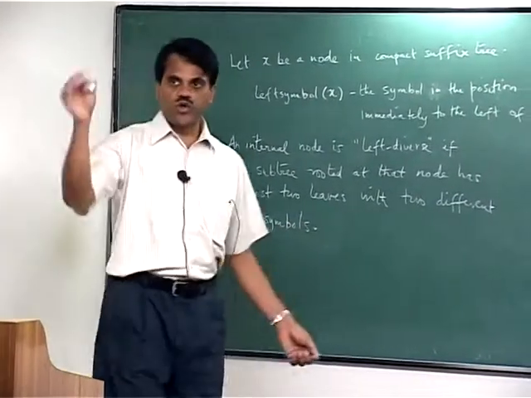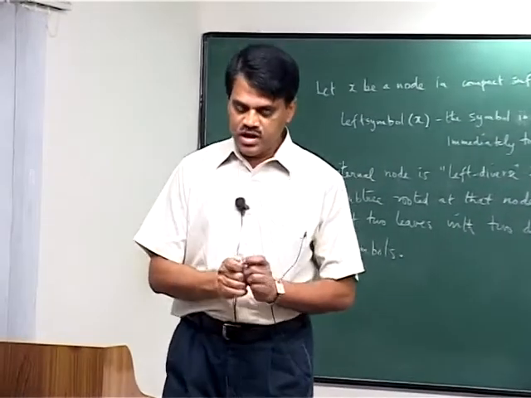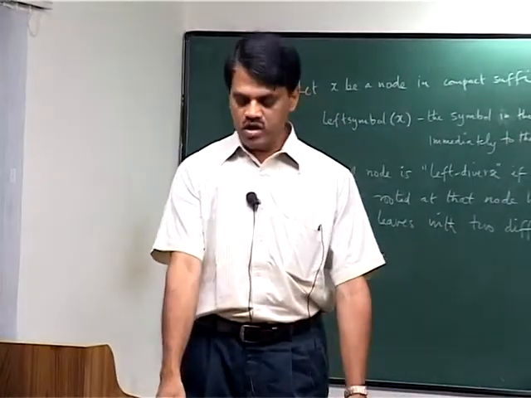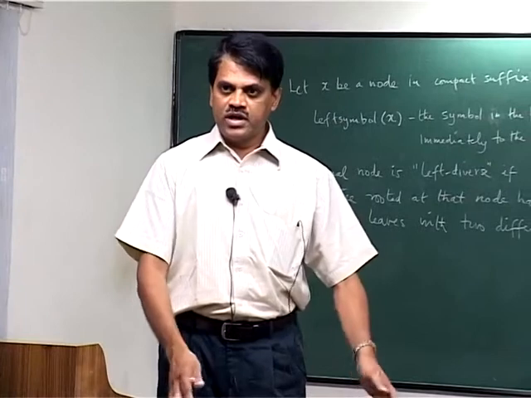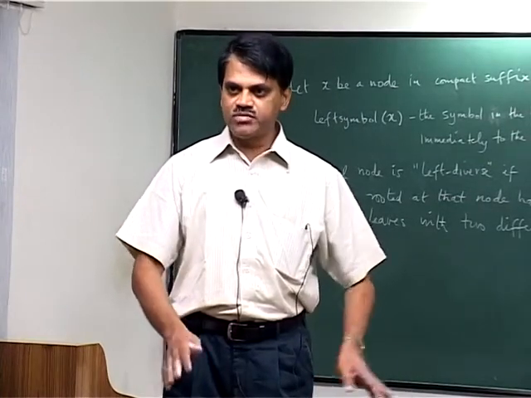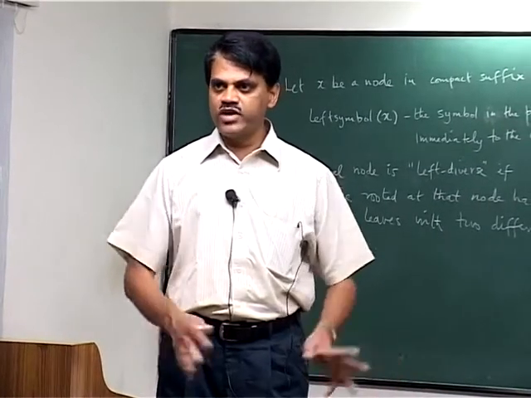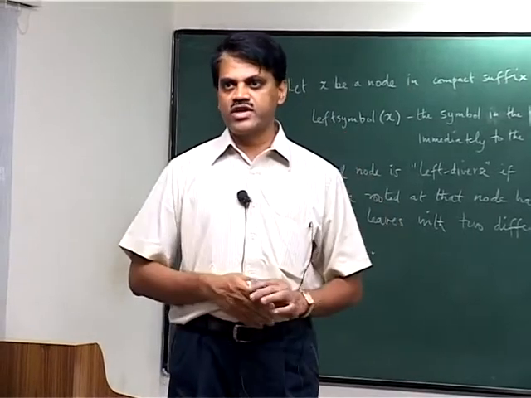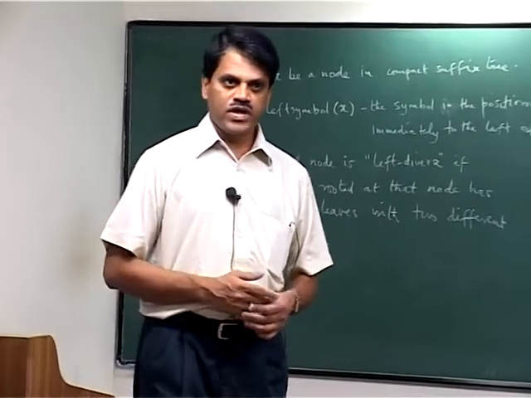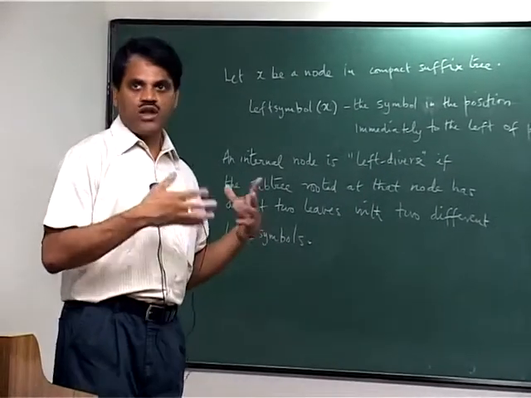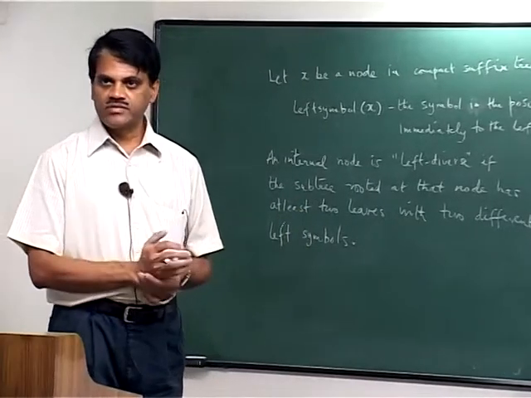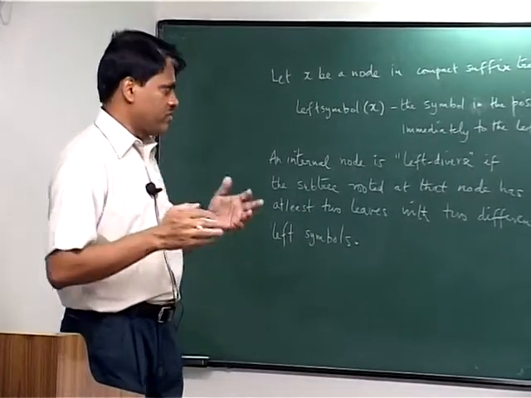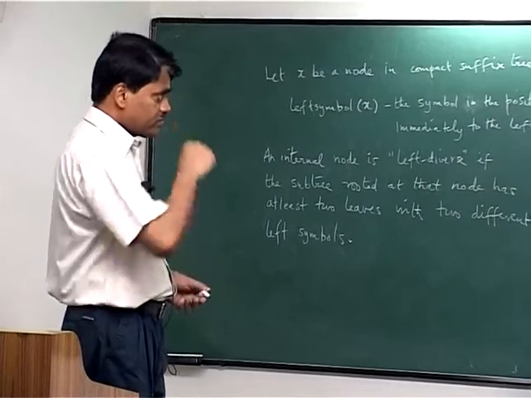So, I am going to call a node left diverse if, when I look at the subtree rooted at that node and look at the leaves and their left symbols, I have at least two different left symbols there. Now, left diverse nodes are essentially the maximal repeats. Is that clear?